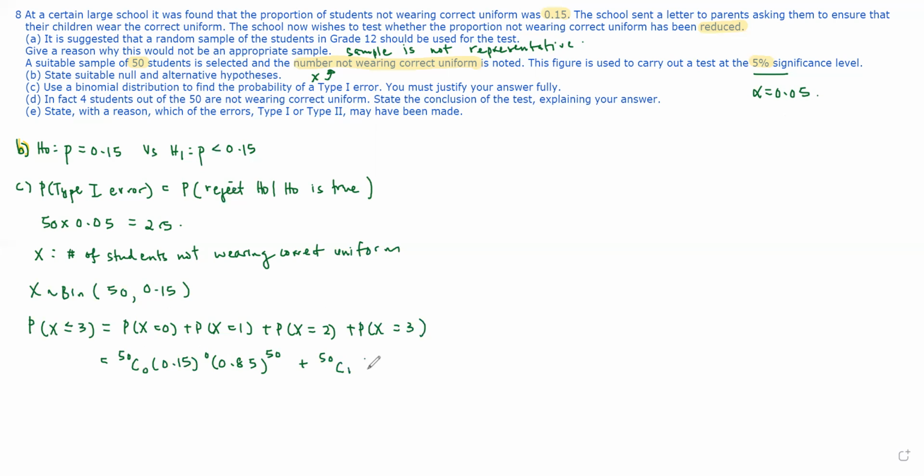Probability X equals 1. We have 0.15 to the 1, 0.85 to the 49. Then we have 50C2, 0.15 to the 2, 0.85 to the 48. And over here, we have 0.15 to the 3 and 0.85 to the 47.